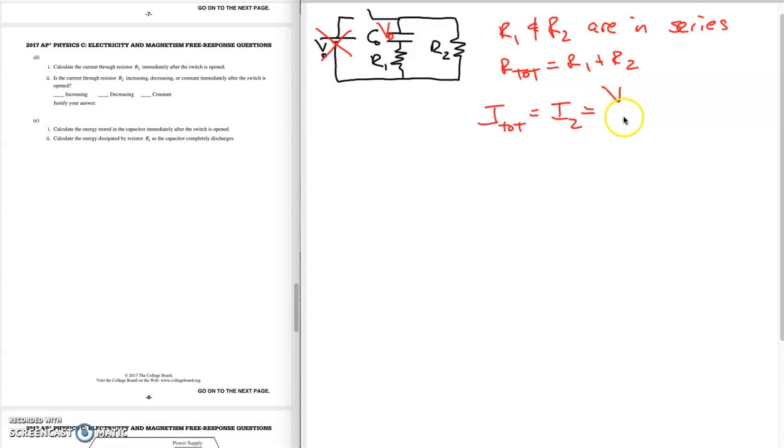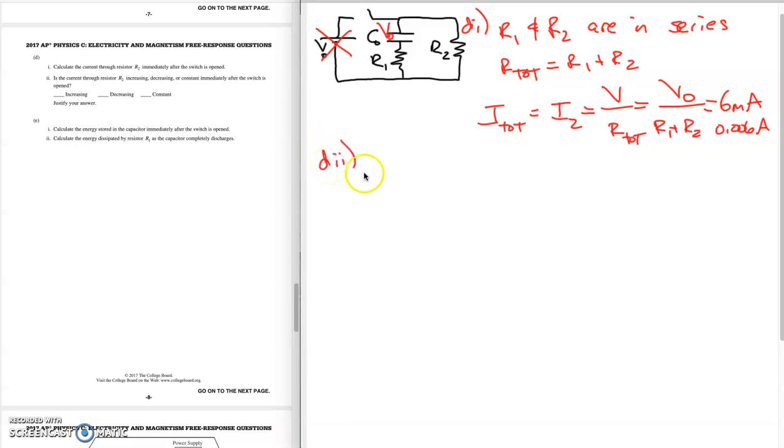And by Ohm's law, current I total is going to be the total voltage divided by the total resistance. Total voltage is going to be V0, and the total resistance is going to be R1 plus R2. And when you plug in numbers, you should get a current of 6 milliamps, or 0.006 amps. That's D part 1.